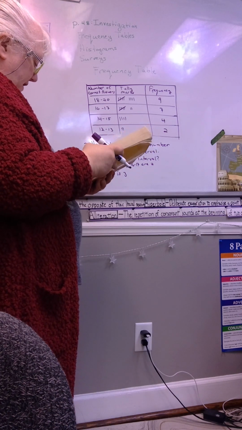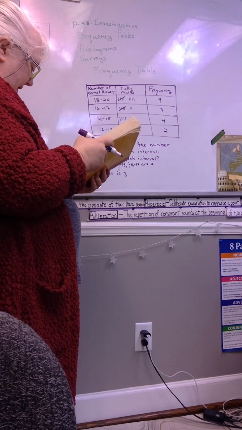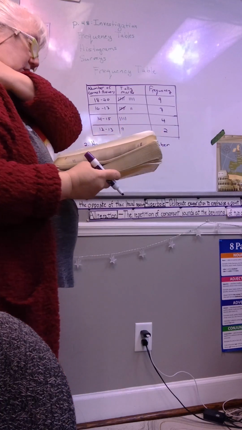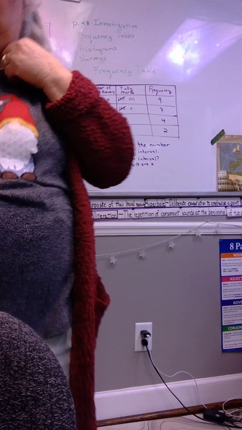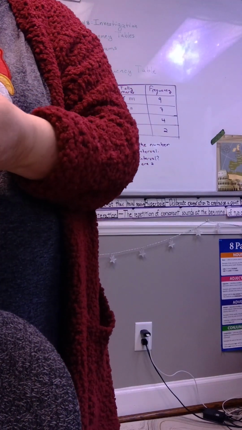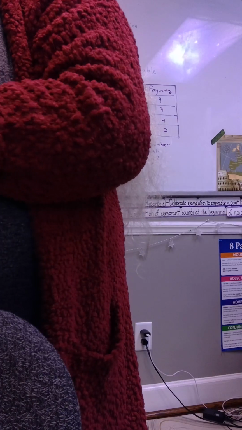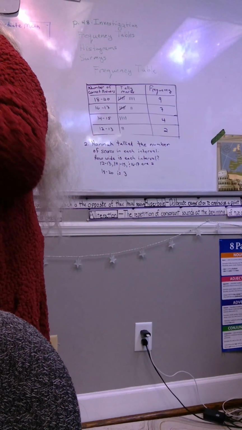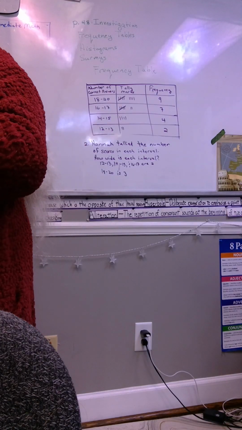And then it says, suggest a reason why Hannah arranged the scores in such intervals. So why do you think Hannah arranged the scores in those intervals? Because I'm thinking that it stops at 20, so instead of adding 3 to each one, just add 2 to all of them. Okay.